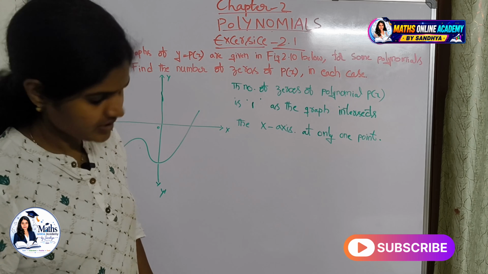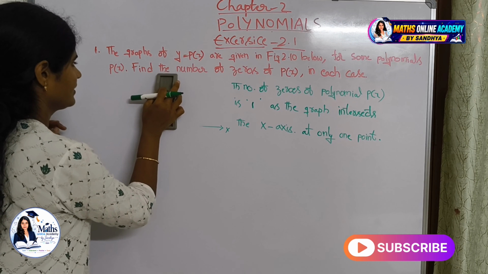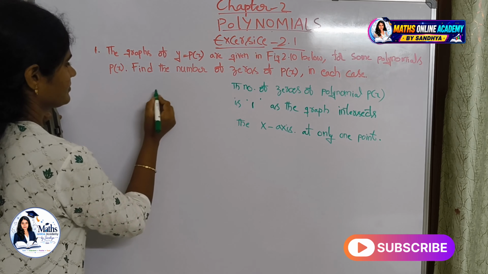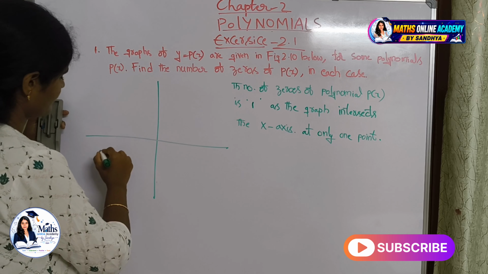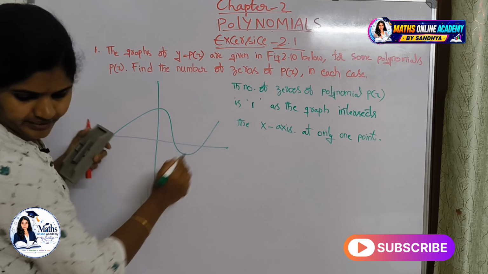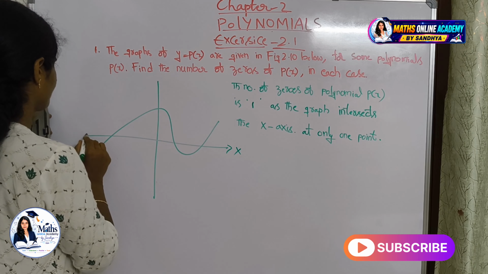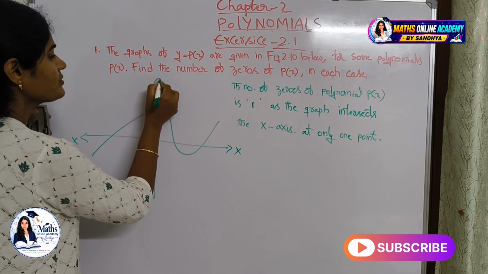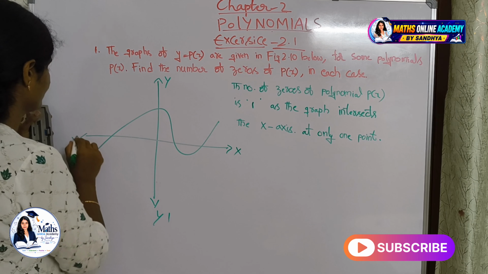Next question, the graph is like this. This is the x-axis. How many times is the graph intersecting the x-axis?